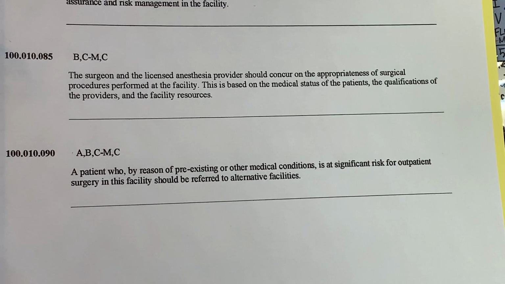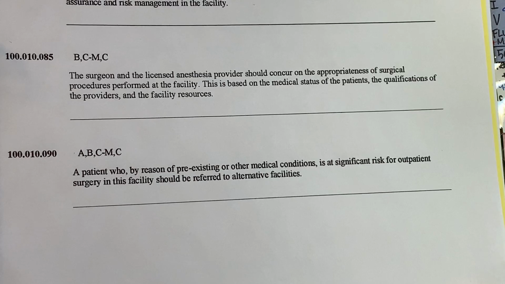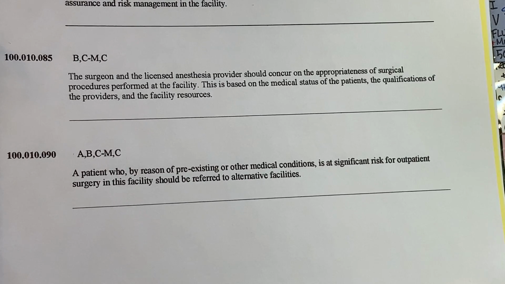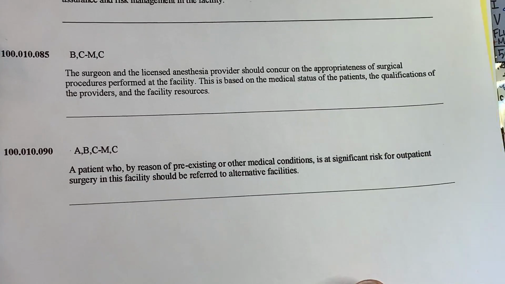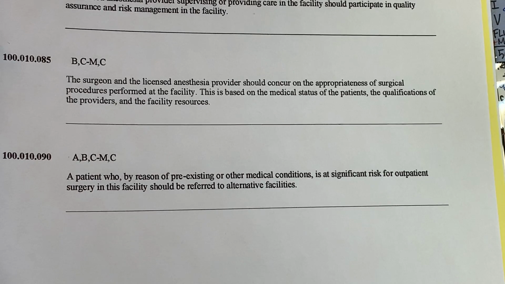especially now since I see they renamed the peer review to the anesthesia review. A patient who, by reason of pre-existing or other medical conditions, is at significant risk for outpatient surgery in this facility should be referred to an alternative facility. And I think everyone's had that, where they've had to do the surgery at a hospital instead of at their own facility for the risk, right?